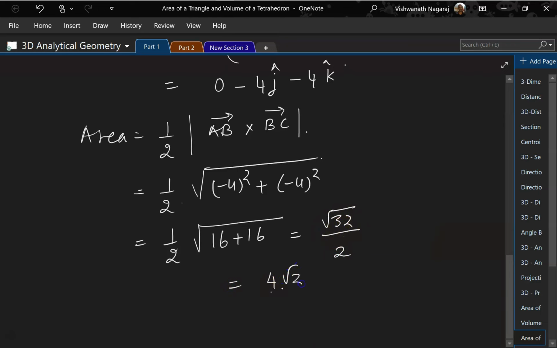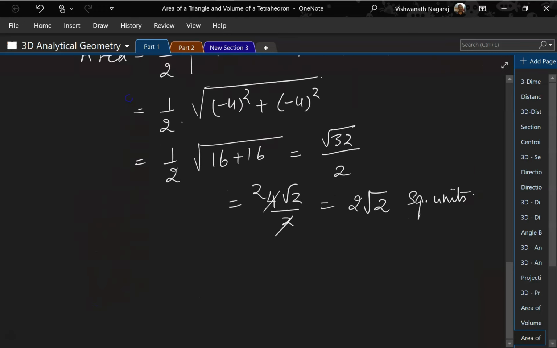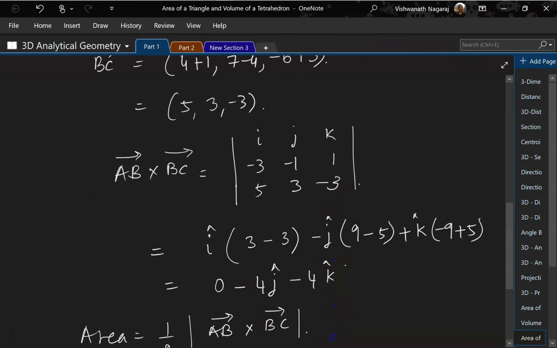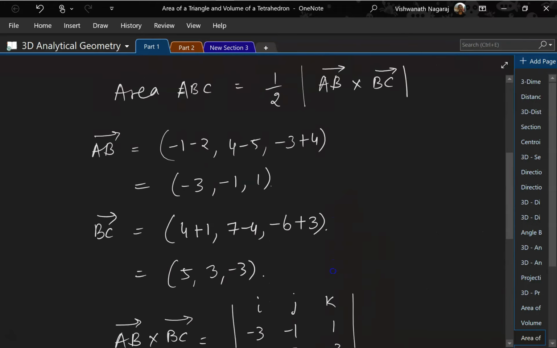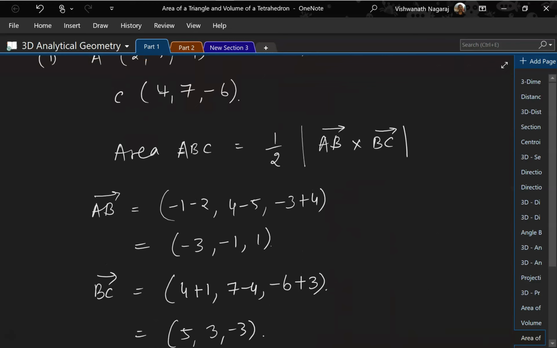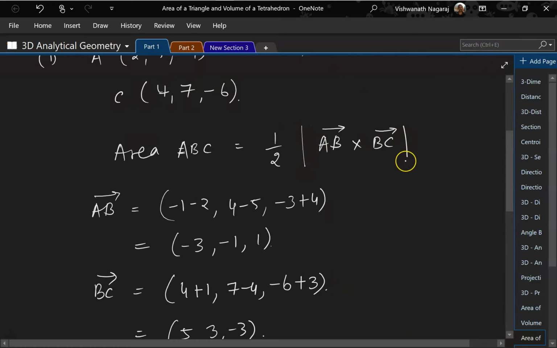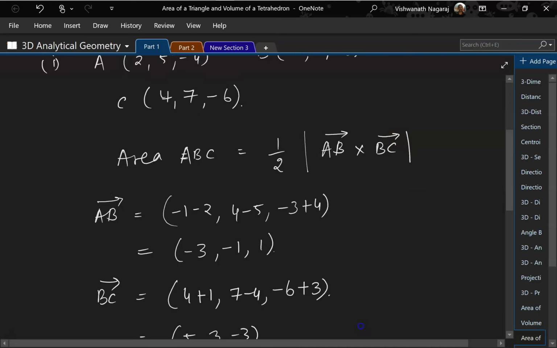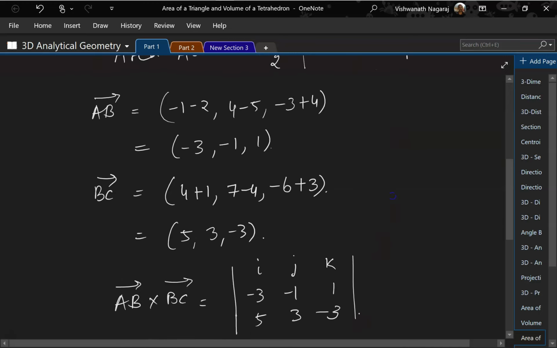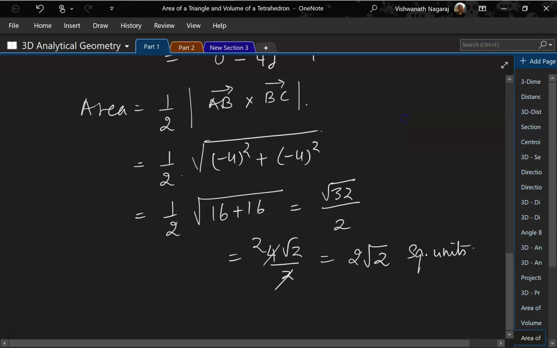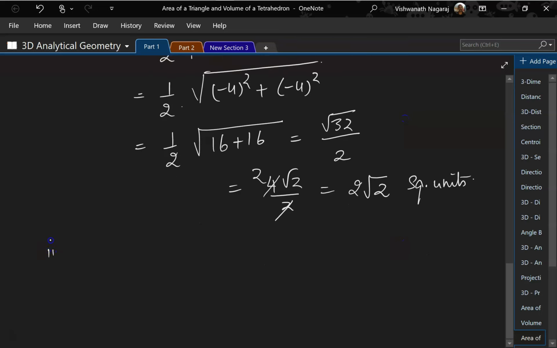So 4 root 2 by 2, which is equal to 2 root 2. So 2 root 2 is the area, in square units. Yes. Here we have to remember that AB cross BC is one step, then evaluating the magnitude of that is the second step, and then taking half of it will give you the area.